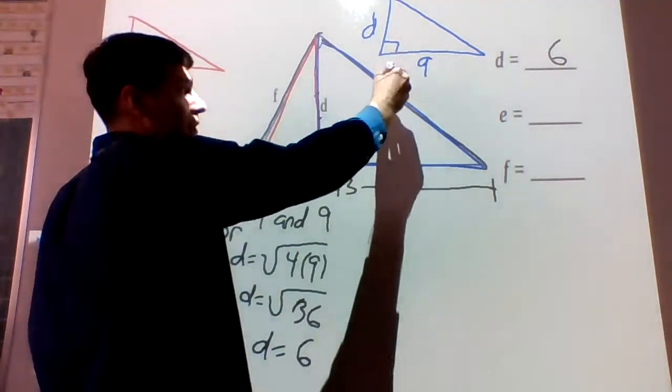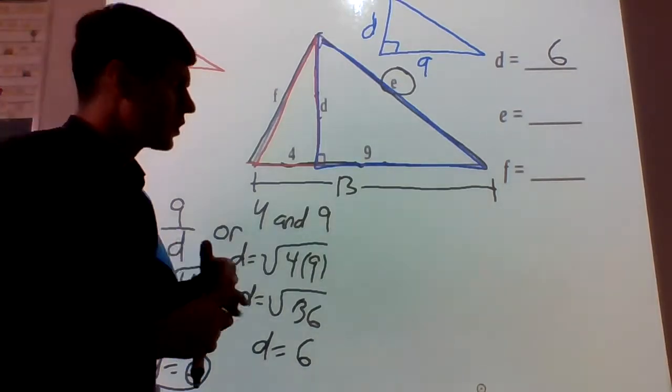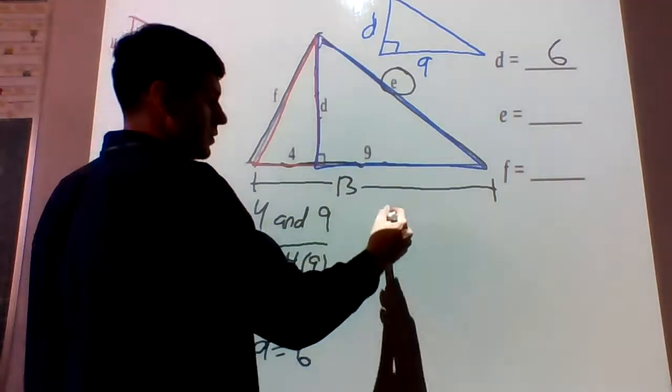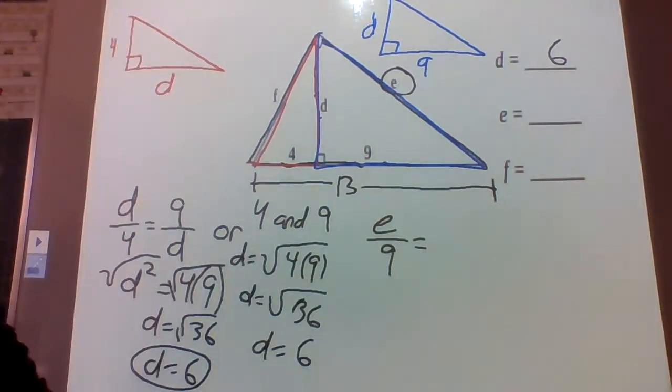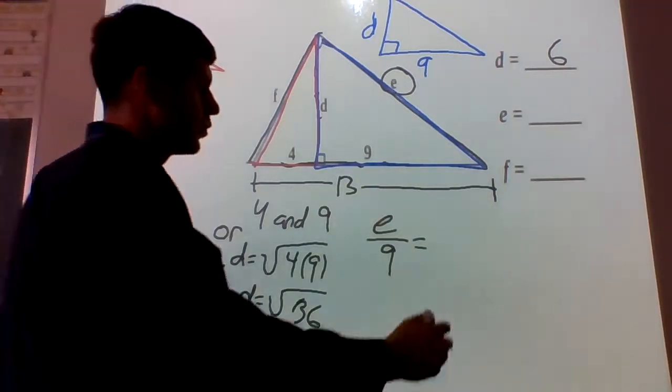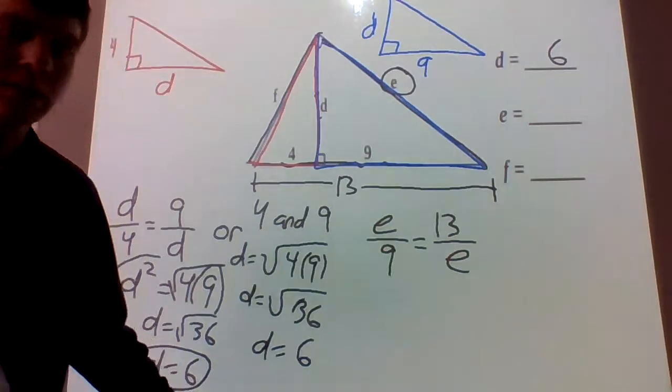E, is that a leg or an altitude? It's a leg. Since it's a leg, for the rule, we want to use the closest piece of the hypotenuse and then the total hypotenuse. So the closest piece of the hypotenuse is 9. So let's do E over 9. Then we want to use the whole hypotenuse, which is 4 plus 9, or 13, over E. We can cross multiply.